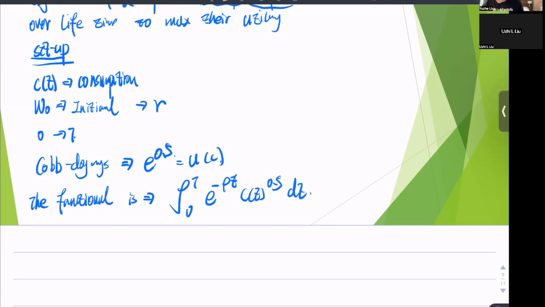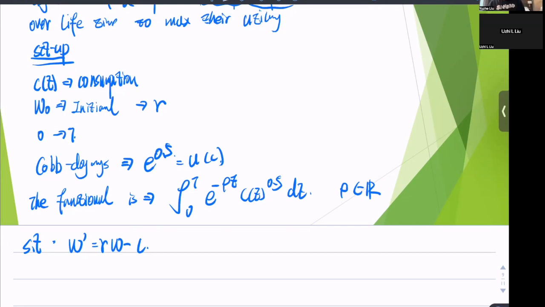Notice that rho is the rate of time preference. Since we're making a simple model, we consider rho a constant, so rho belongs to R. Also we have a constraint: the rate of wealth change, W prime equals RW minus C. This is all the money that you can spend through your whole life.